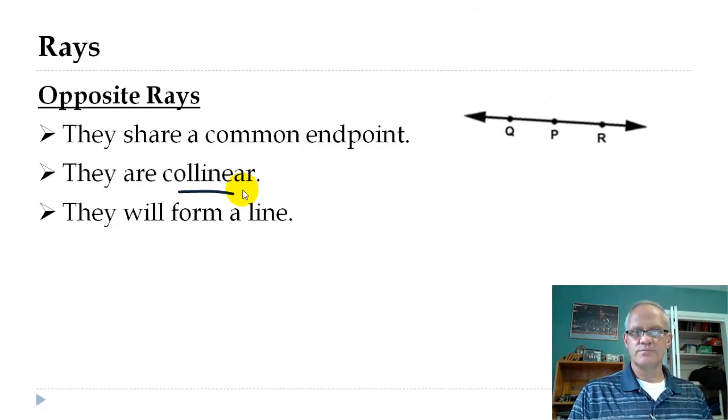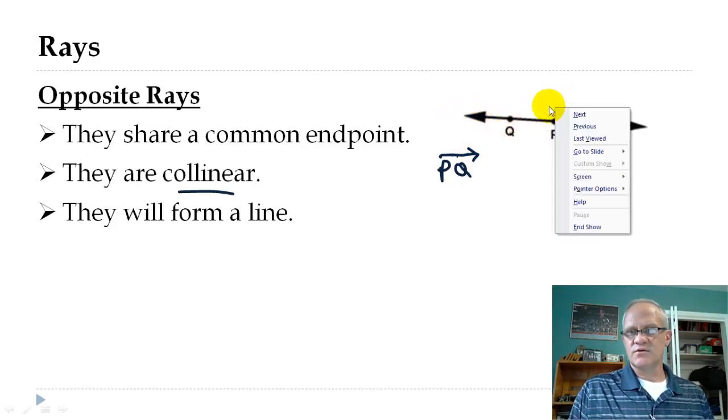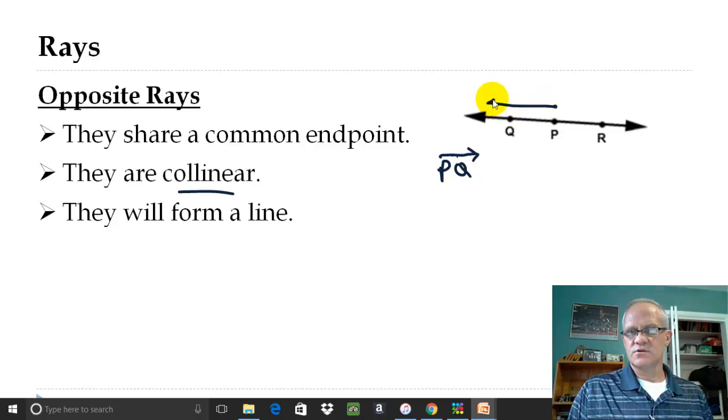So here's an example of two opposite rays that are forming a line. If you look at this, hey, that looks like a line, just like we did before. It's made up of two rays. What are the rays that it's made up of? It's made up of ray PQ. Notice I said P first because that's this ray going this way. Now watch this.